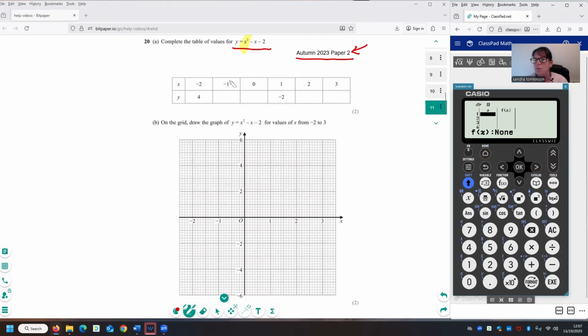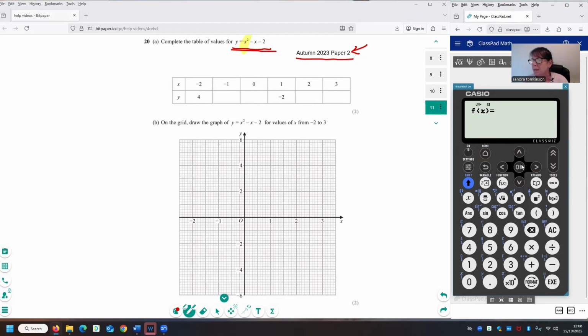And at the bottom it says f of x is none. It means it doesn't have the equation yet. So we need to put that in. So we're going to press the f of x button here, and we're going to go down to define f of x. So that's where we're going to put that equation in.